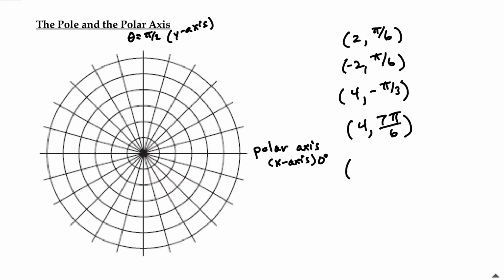And we could do, let's say, (3, 21 pi over 6). All right, so let's go ahead and graph these. There's two ways you can do it. You can kind of go direction first and then rotate, or you can find the line that corresponds to your angle measure first and then measure the distance out.